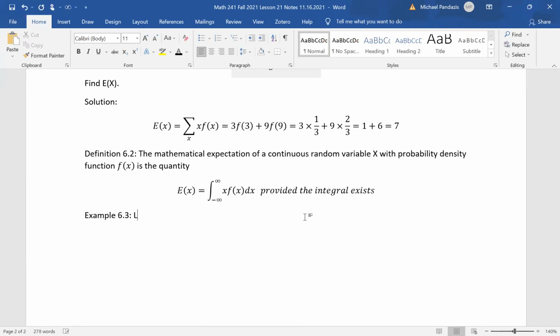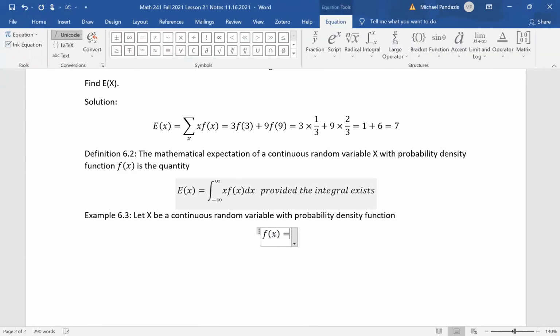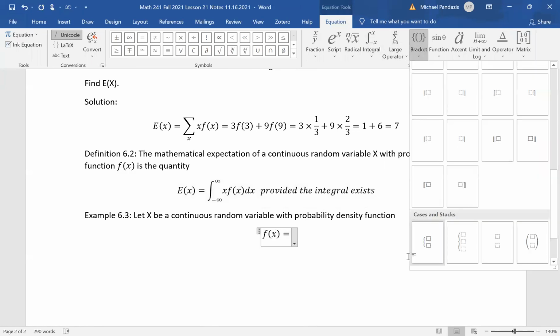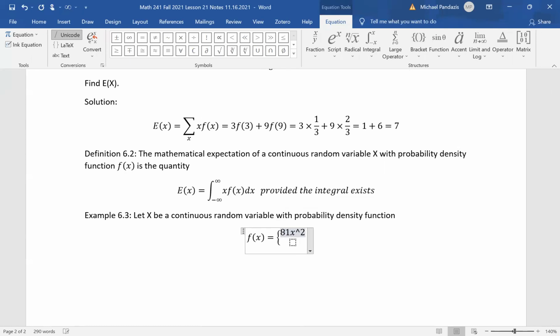Another example, 6.3. Let capital X be a continuous random variable with probability density function f of x, which is equal to 81x squared for 0 less than x less than 1/3, and then 0 elsewhere.